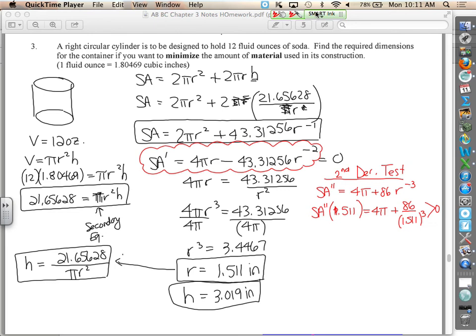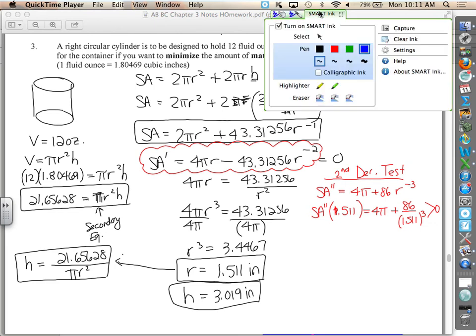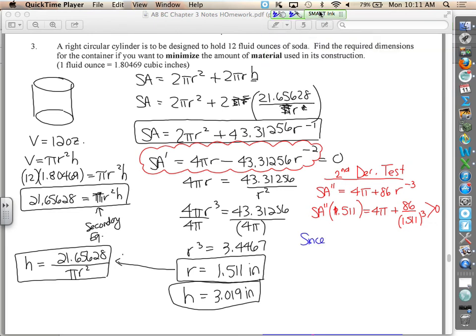So then my justification would look like, since SA double prime, the second derivative, is positive at r equals 1.511, surface area is concave up.